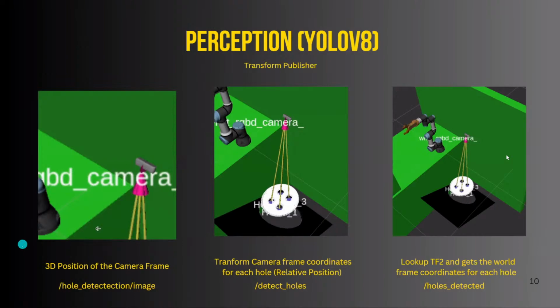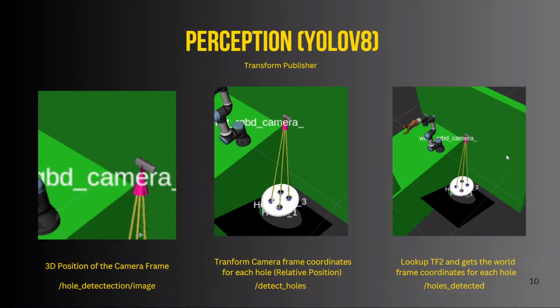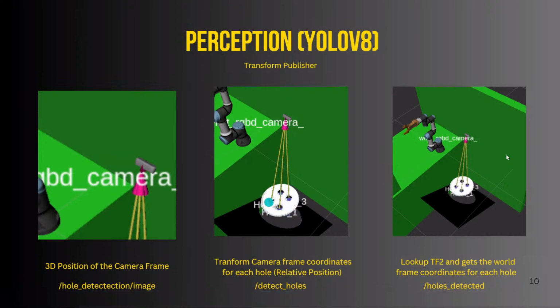So after we calculate the 3D points, we have to transform them. So we have the 3D position in relation to the camera frame. It's just a point that we have now, and we transform each of the hole points into a hole frame. So basically, hole 1 frame, hole 2 frame, hole 3 frame, hole 4 frame.